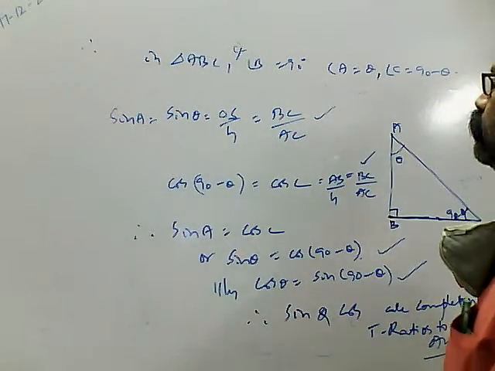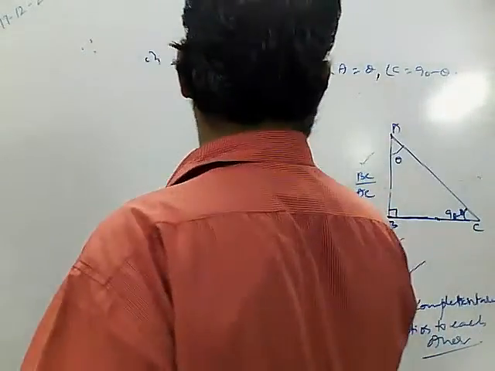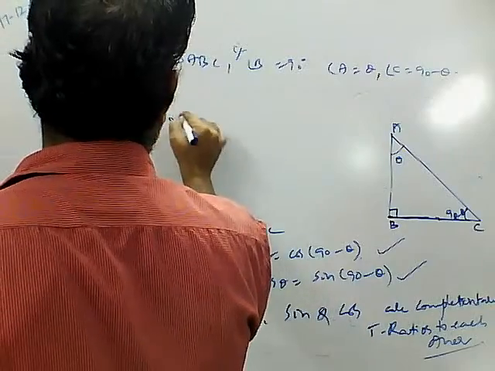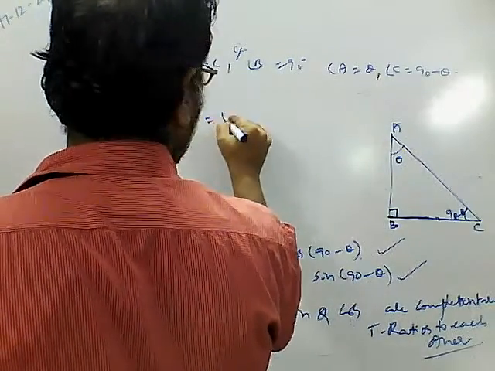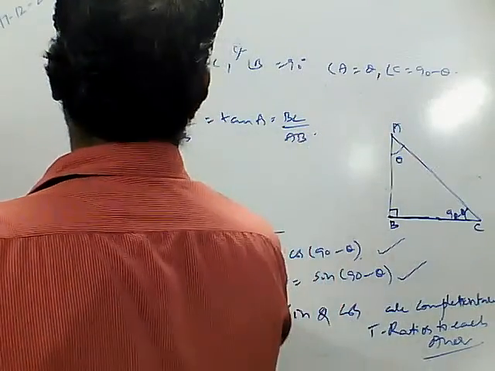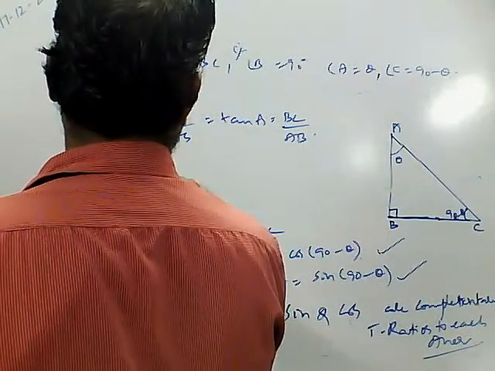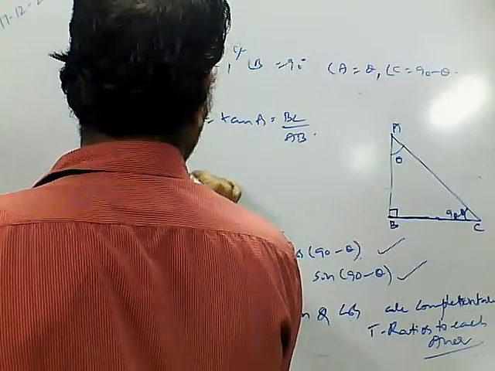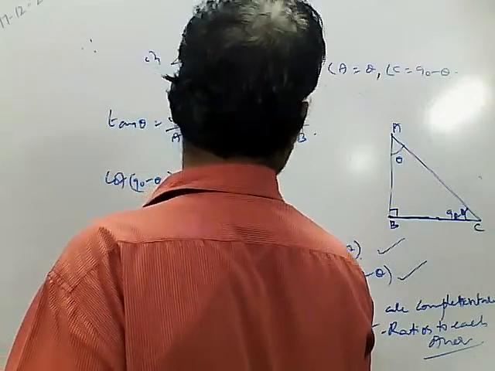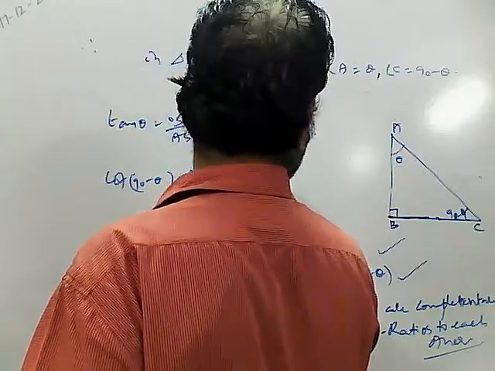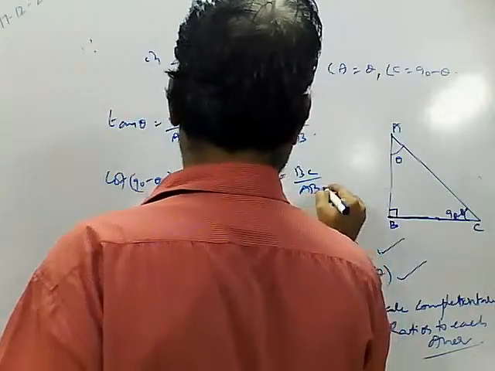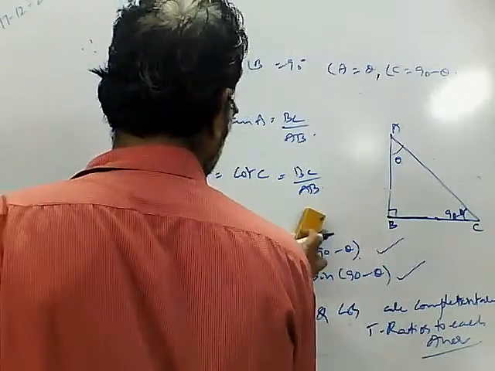Next, we take one more case. Tan theta is equal to opposite side by adjacent side, which is equal to tan A, which is equal to BC by AB. Cot 90 minus theta is equal to adjacent side by opposite side, which is equal to cot C, which is equal to BC by AB.